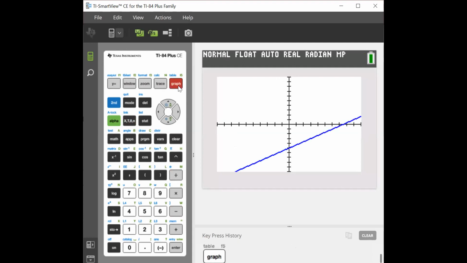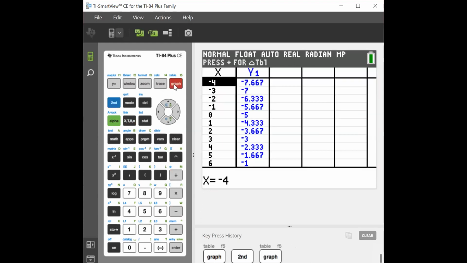And so here's the graph that we got. You can see that it has a y-intercept of -5. You can also look at all the values in the table by going to second graph, because table is in blue. And you can see that it gives you other points you can use to graph. Another point would be (-3, -7). We know (0, -5). There's (3, -3), (6, -1). So you can also use this table of ordered pairs to graph your line.